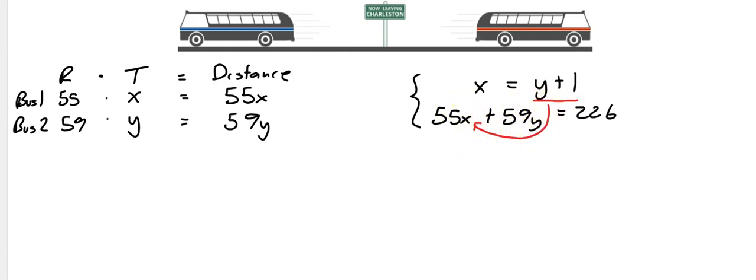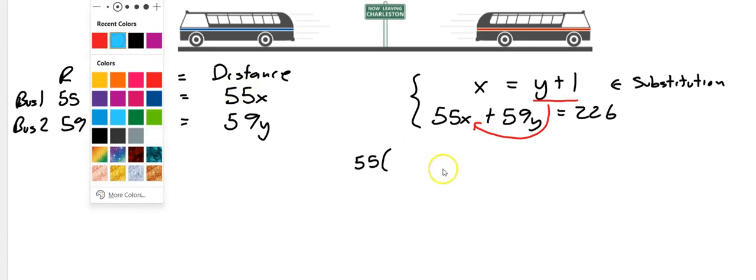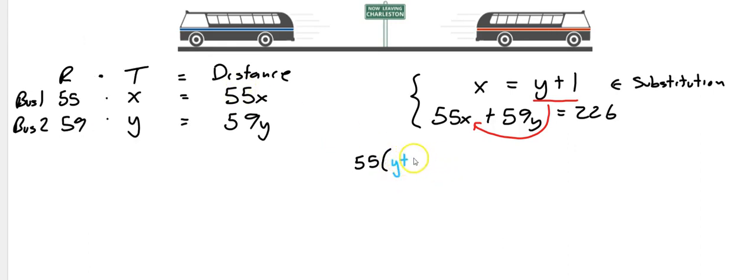So we are going to be doing, I believe it was, 11.2, substitution. Let's be intentional with what we're going to do. We're going to take this 55, and instead of putting x, I'm going to come in here, let's change the color so that we can see it a little better, and put y plus 1. Then I have plus 59y equals 226.